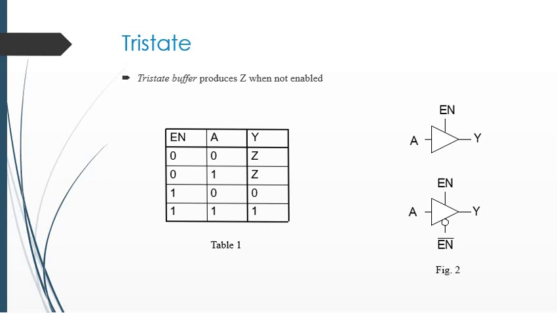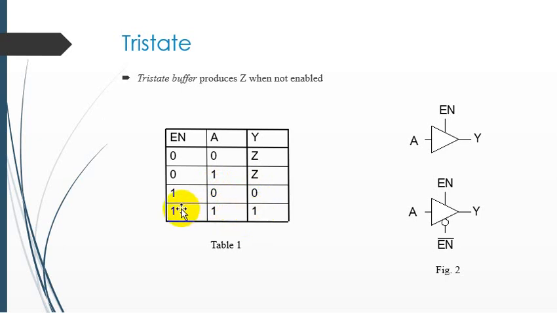Basically, a tri-state buffer behaves like an ordinary buffer when the enable input is 1, then the output will be the same as the input. If we apply 0 to the input side, then we will get 0 at the output side, and if we apply 1 to the input, then we will receive 1 as an output.